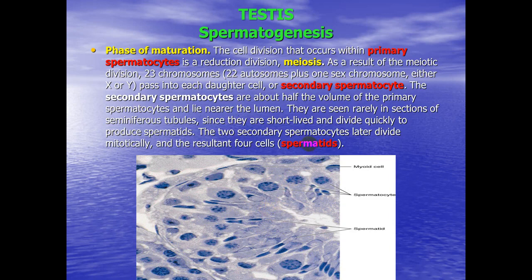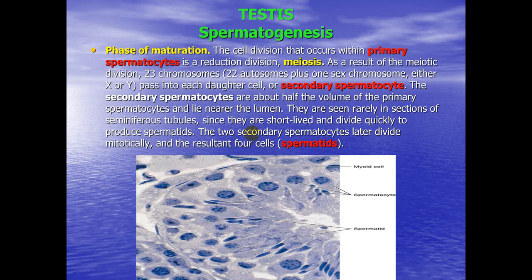But during the first division of maturation takes place a very important genetic process, crossing over. During crossing over, the homologous chromosomes exchange genes.